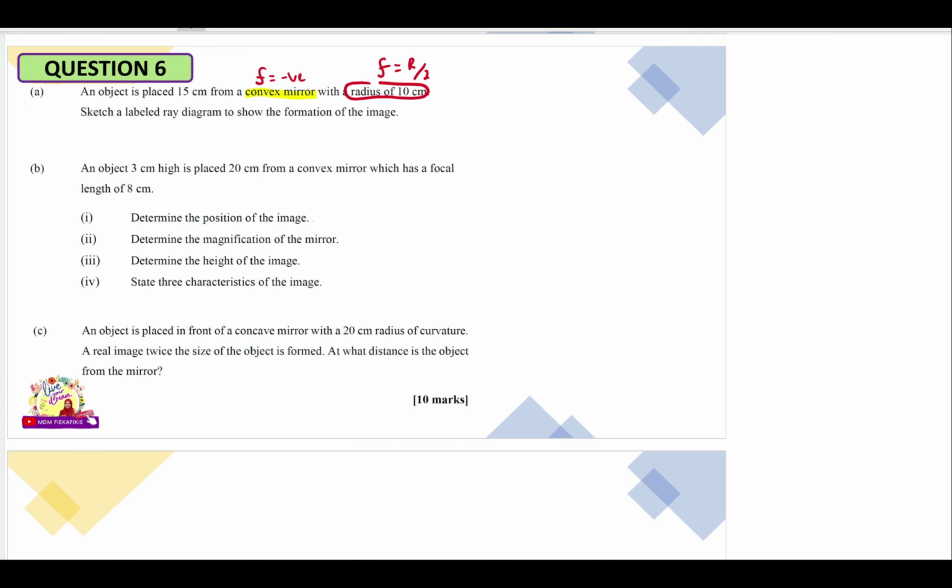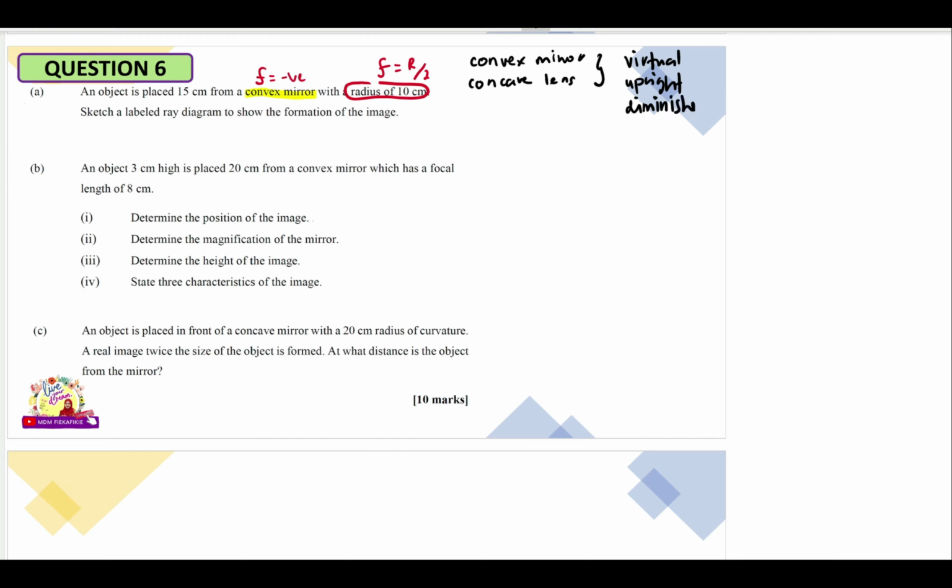Okay, ingat lagi tak? Kalau convex mirror ataupun concave lens, ciri-ciri image yang terbentuk, untuk convex mirror dan concave lens, dekat mana pun you letak objek, ciri image yang terbentuk mesti virtual, upright, and diminished.